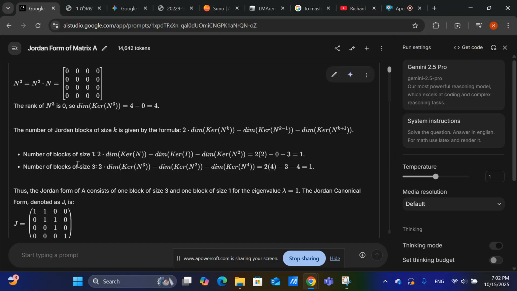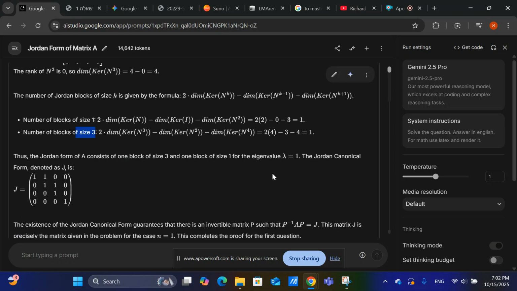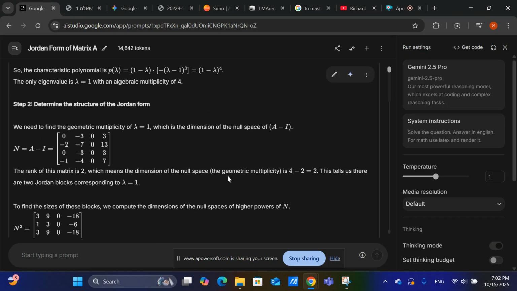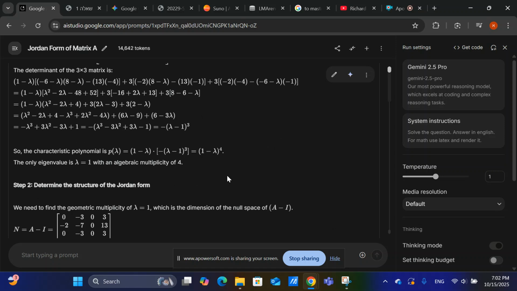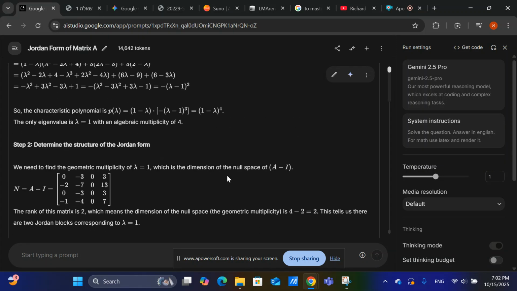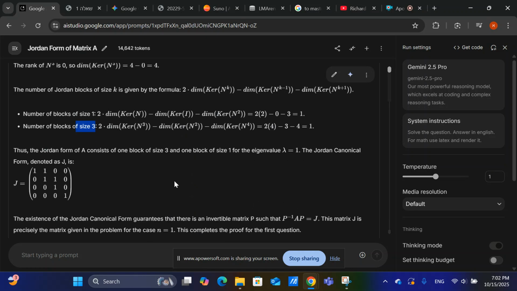So this is also 1, so I have one block of size 3. Therefore, I have only eigenvalue 1, and I have two blocks, one of size 1 and the other of size 3. Therefore, this is the Jordan form: one block of size 3 and one block of size 1, each of them for the eigenvalue of 1.